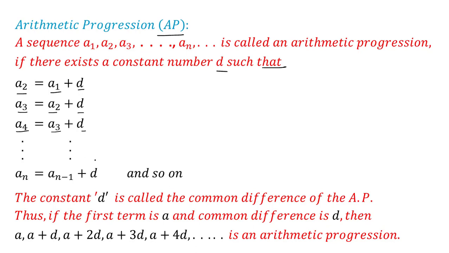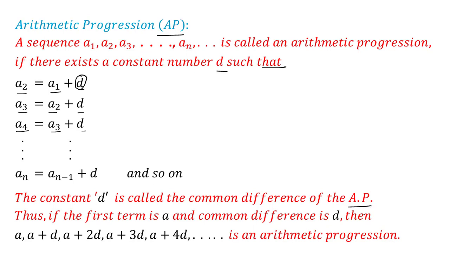So what you understand from here is that the next term you can find out by adding a constant number to the previous term. This constant number which we are adding is called the common difference of the arithmetic progression.